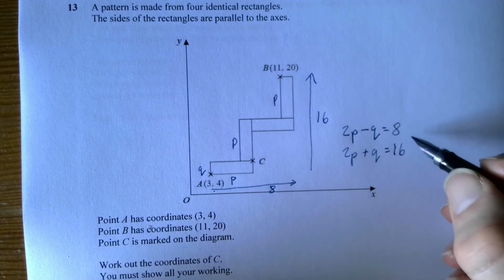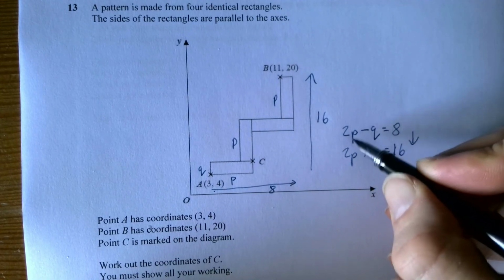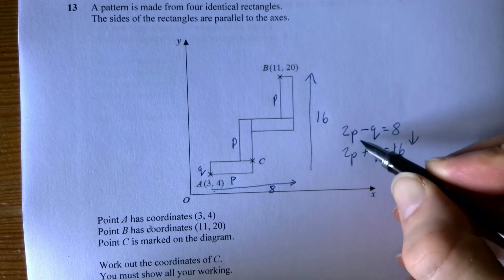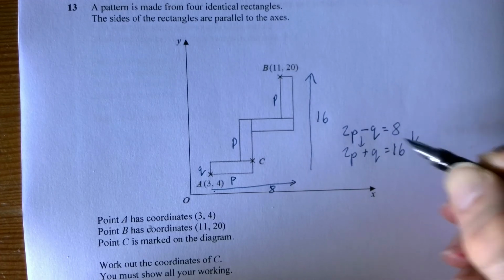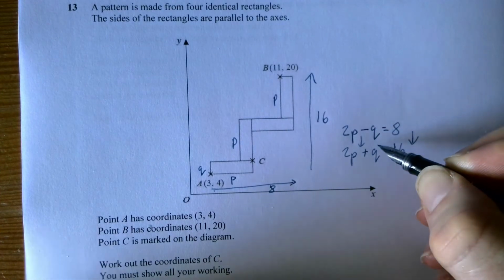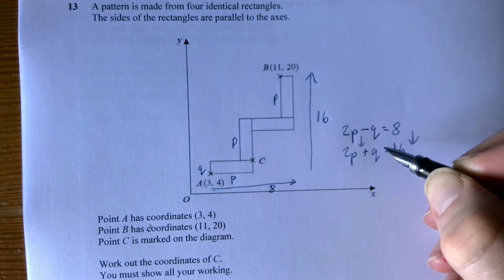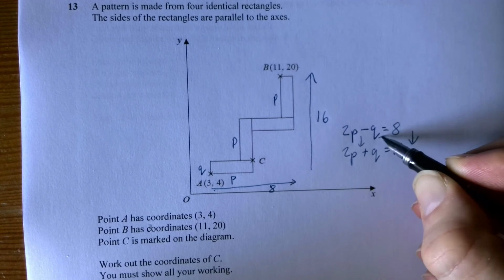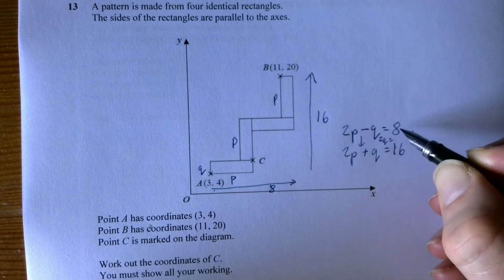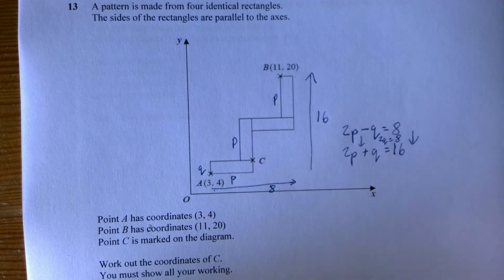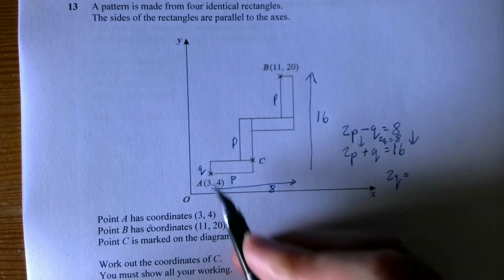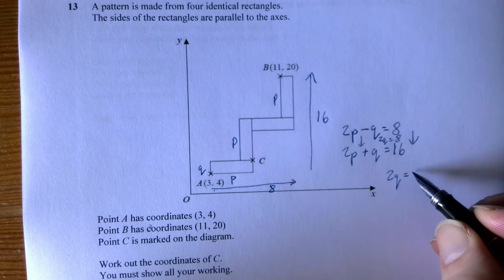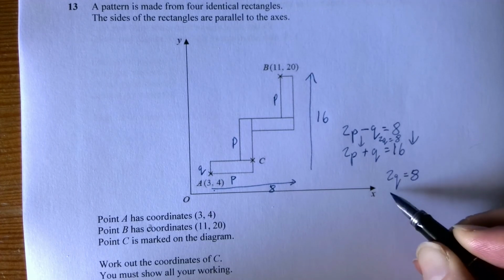Now I'm just going to look at the two, because the 2p's are already the same, all I have to do is say, what's the difference between this equation and that one? From negative 1q up to 1q is actually a distance of 2q. And from 8 up to 16 is 8. So I'm getting that double the width of the rectangle must be 8.